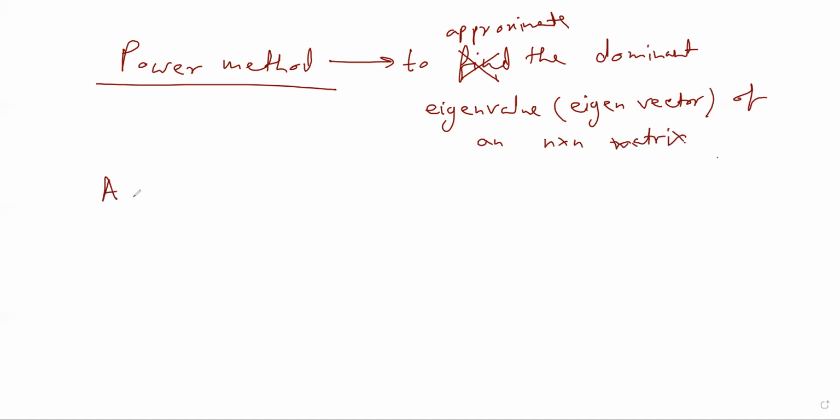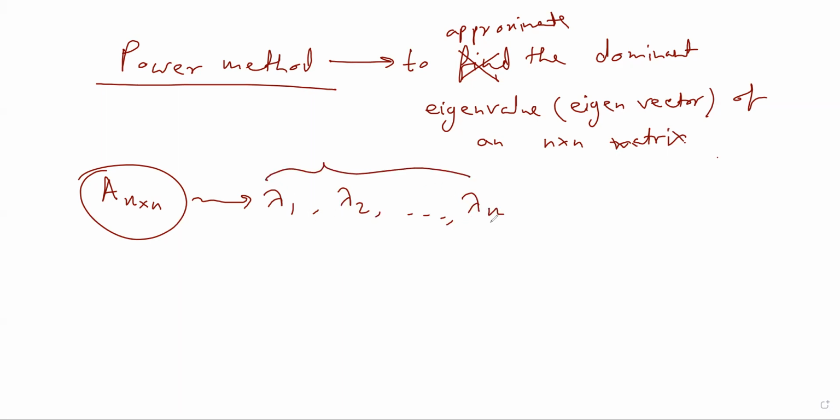So let A be an n by n matrix, and probably it has eigenvalues lambda 1, lambda 2, up to lambda n. Of course, we can have repeated eigenvalues, but I have considered those repetitions as well. That is why I wrote exactly n eigenvalues.